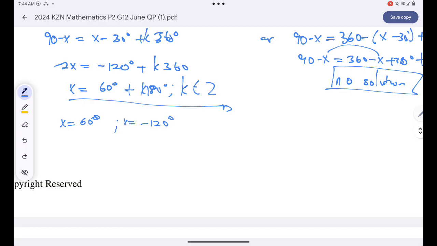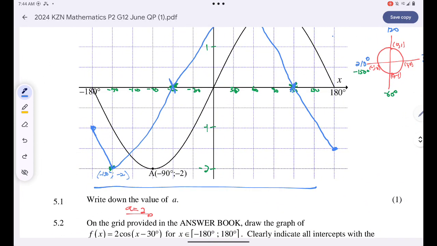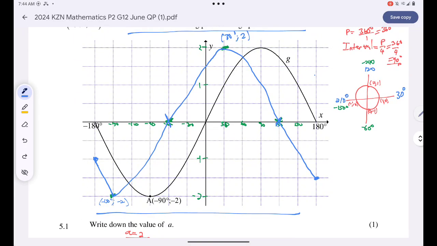Do I have another one? Nice try. So these are the two solutions I have now, guys. And yes, it makes sense. I can see that at 60 degrees my two graphs intersect.